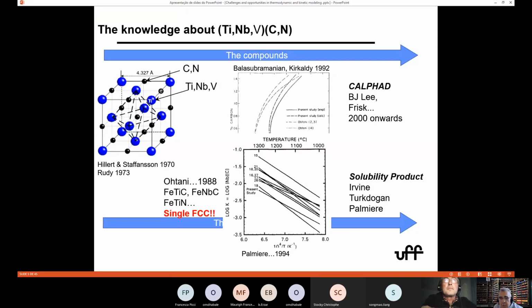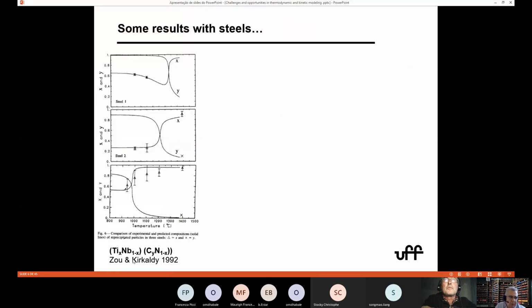So a lot of people worked in CALPHAD from 2000 on. There are many good models, and of course the solubility product work also continued. If you look at the work of Kirkcaldy, I think he got a prize for this work, this is what they measured with TEM on the occupancy of titanium, niobium, carbon, and nitrogen as the temperature varies. This is very difficult to measure because it is all measured with TEM on actual particles.